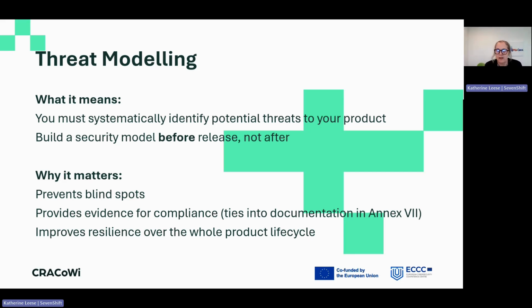We want to make sure that we can mitigate any major risks and plan, and also build this into the life cycle of the product so that if it gets updated, we keep on top of it and we're always one step ahead of attackers. So it prevents blind spots, it enables us to prove compliance, and it makes the product more robust over its entire life cycle, especially with updating this whenever changes are occurring.